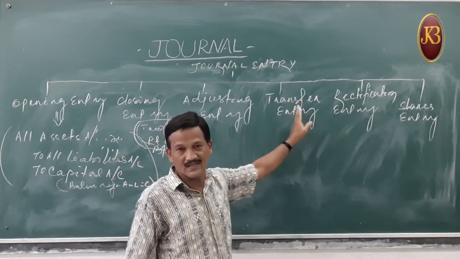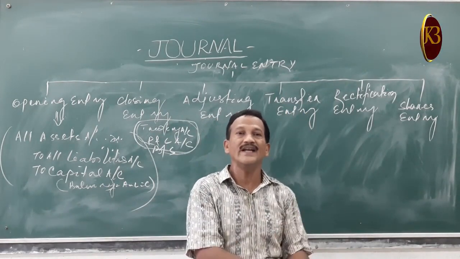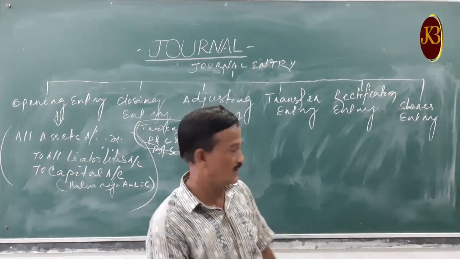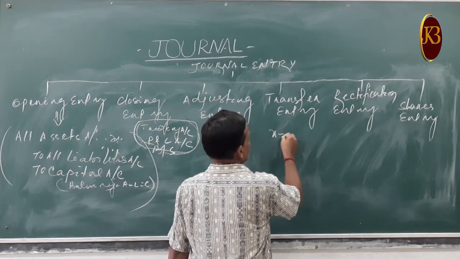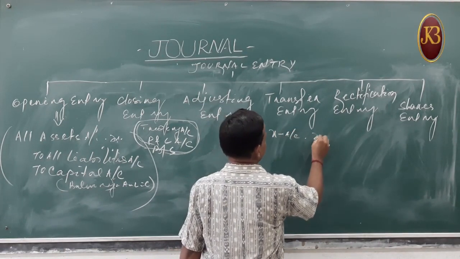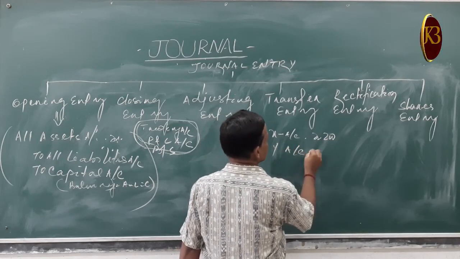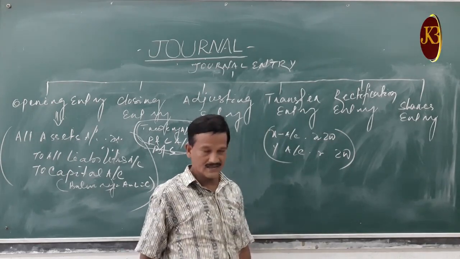Then transfer entry. This entry is done by transferring from one account to another account for balancing or adjusting. That means X account is to be debited with 200 and Y account is to be credited with 200. So this is a transfer entry.